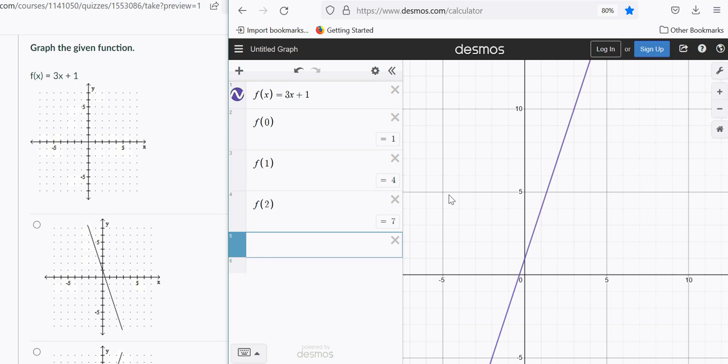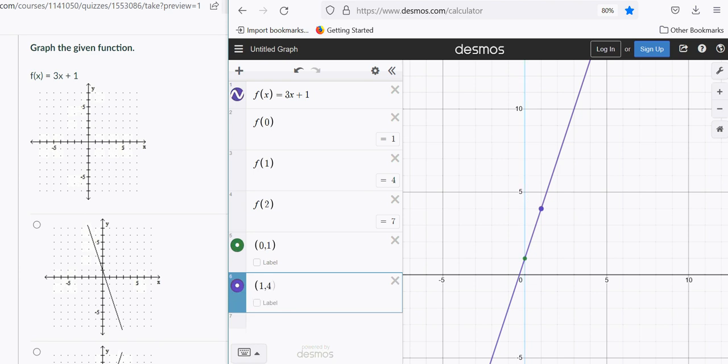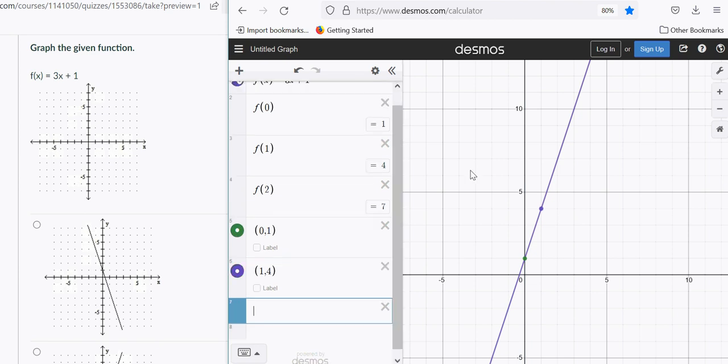So basically here, if you input 0, you have 1. That's 0, 1. That's the one right here. That's this point. You may also do 1, 4. So x is 1 here, y is 4, so is this one.